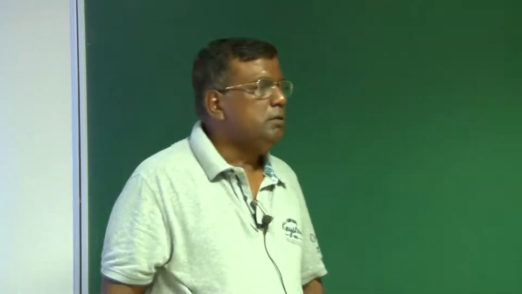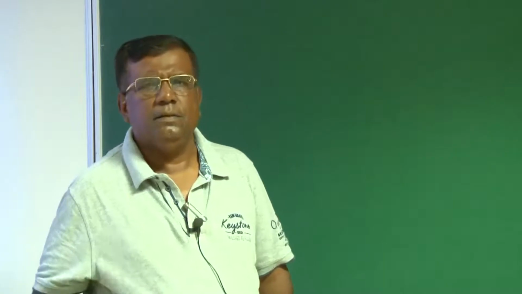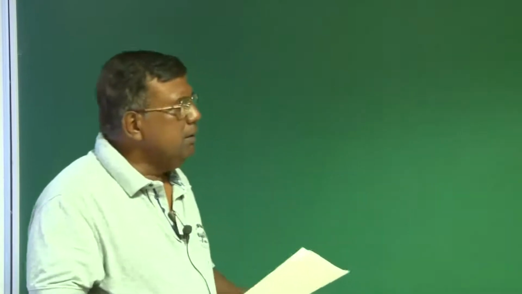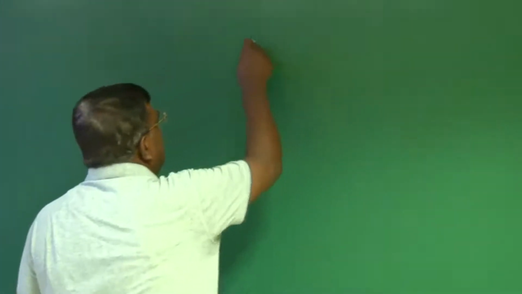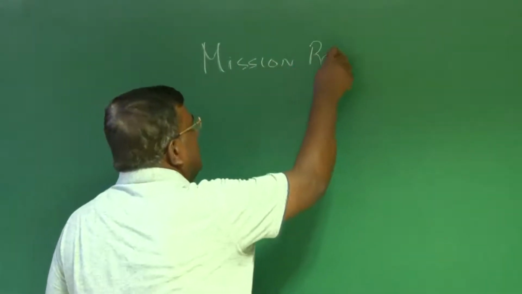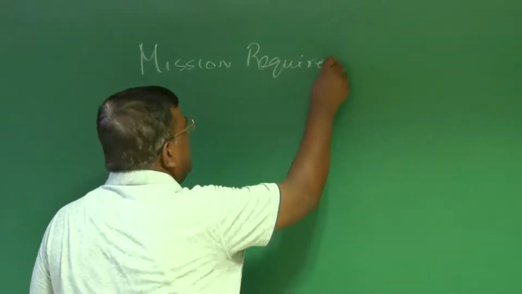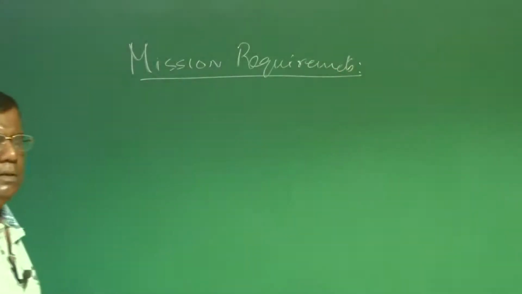So today I thought we will discuss a few issues, and in the process we will revisit a few things, and we will also add some new things, right? Let us see what our aim is. We started from a mission requirement, right? There are multiple mission requirements.